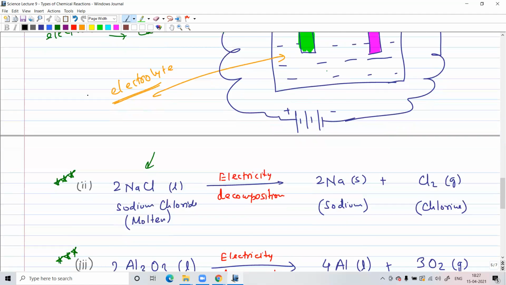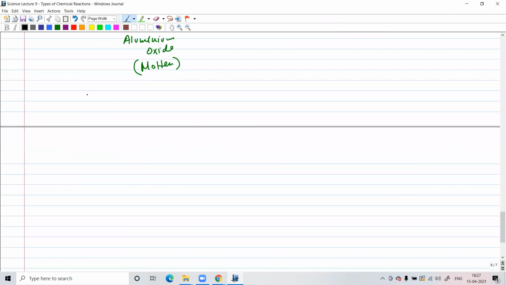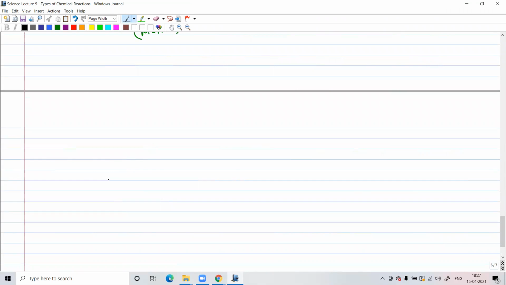Electrolytic, then that's photolytic. So I'll just give you some examples straight away.